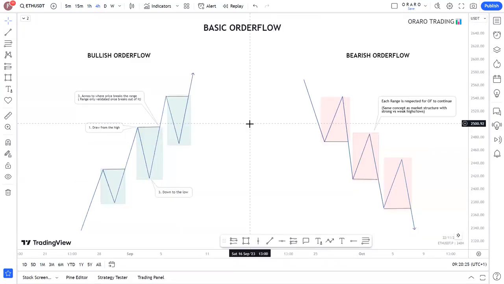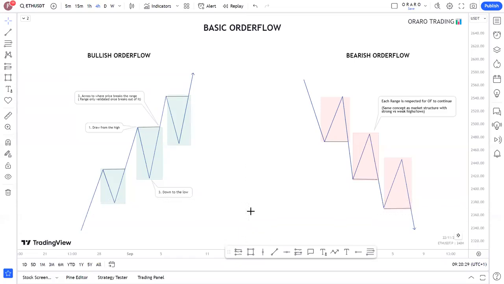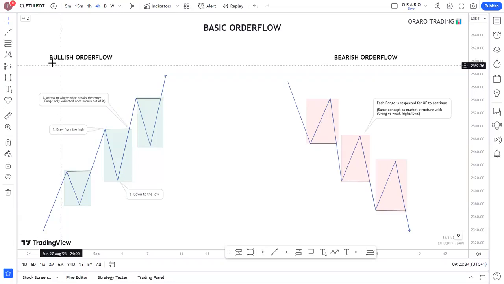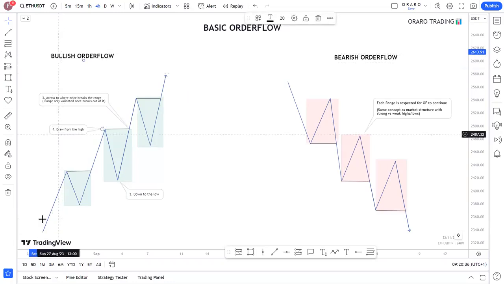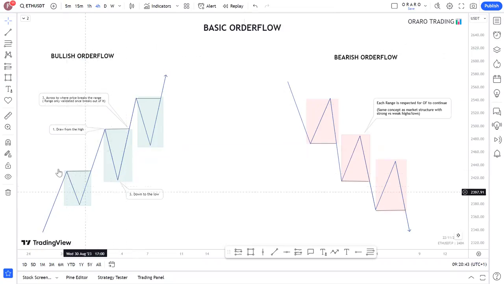Now, look closely at this diagram again. You can see order flow in the case of structure. In a bullish market, in a bullish order flow, we have a series of higher highs and higher lows, higher highs.